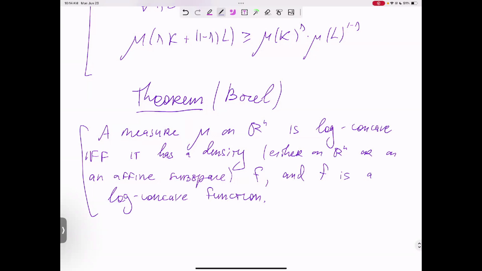So to put it simply, log-concave measures are measures whose densities are log-concave functions.